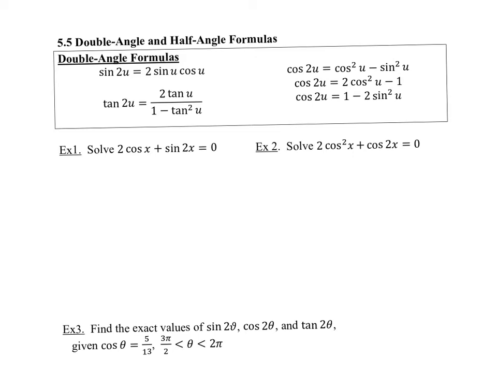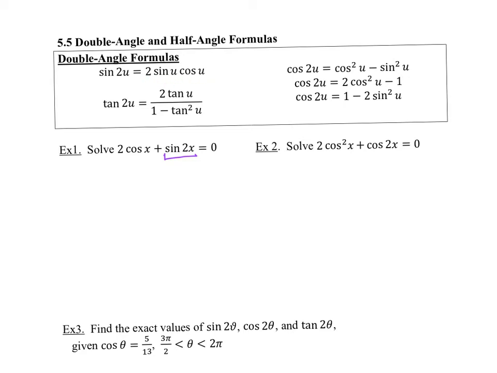Okay, so for example, when I'm going to solve 2 cosine x plus sine of 2x equals 0, the reason this is difficult to solve, besides the fact that it has a cosine and a sine in it, is that this is the cosine of just x, and this is the sine of 2x. So they're kind of mixed. Okay, but the sine of 2x is the formula written up here.